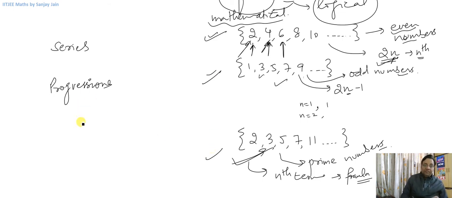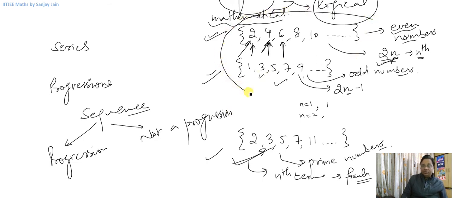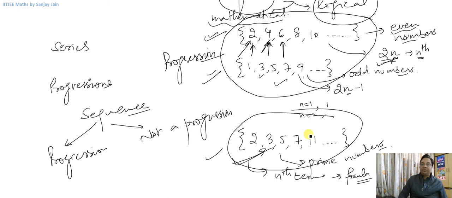Now, a sequence may be a progression, or not a progression, right? Now, out of these three examples that I've taken, these two sequences are progressions. But this third sequence that I took here, the sequence of prime numbers, is not a progression.